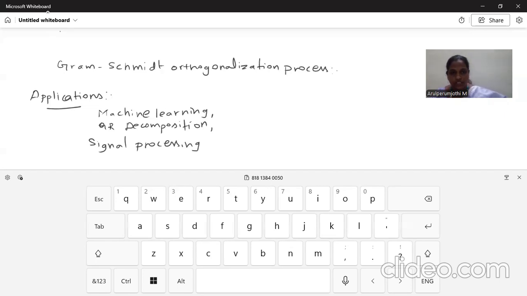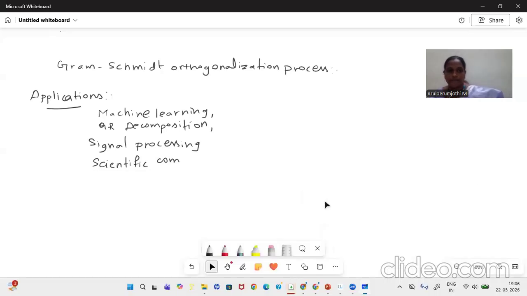These are the engineering streams where we can apply the Gram-Schmidt orthogonalization process. And it also helps in scientific computing.